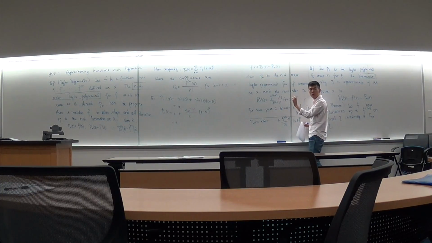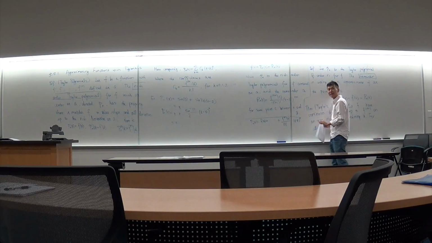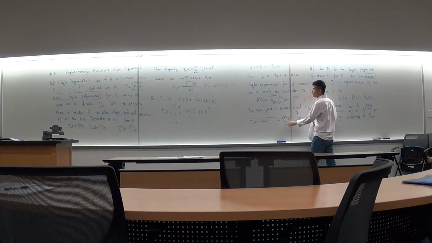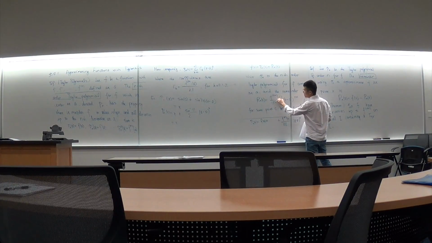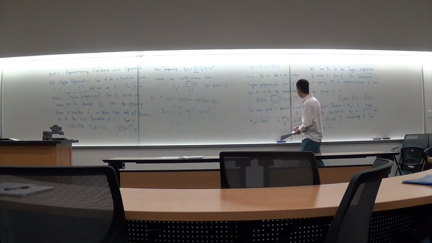It could be a, but it's anywhere between x and a. We still don't know where x is; x is a variable, it could be on the left of a or on the right of a. So c is just a number between x and a, and the remainder is evaluated at this point c.